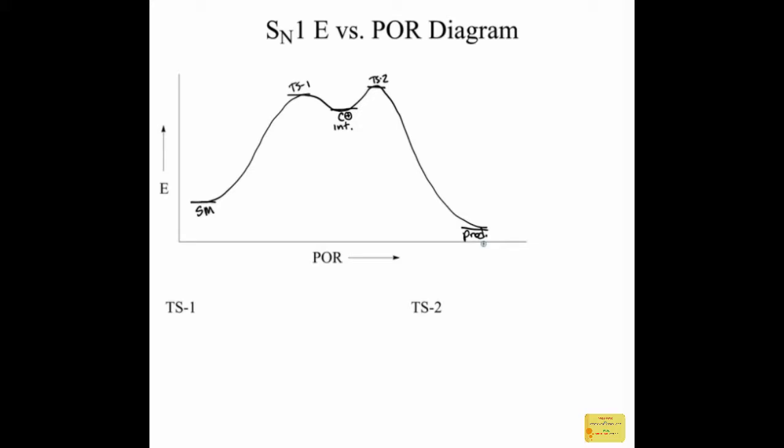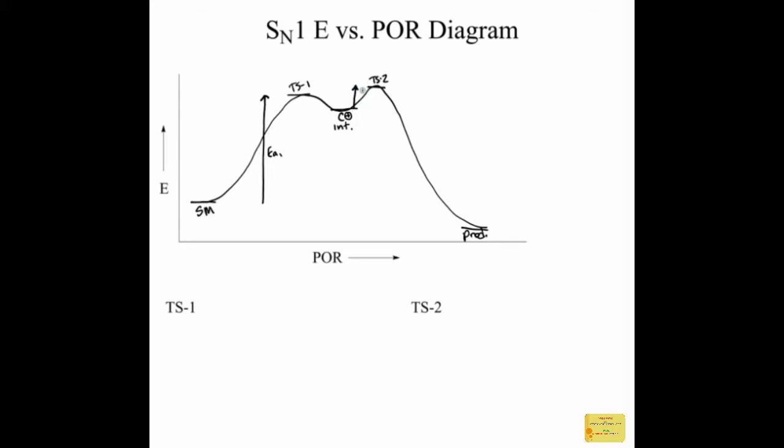Now, when we take a look at this energy diagram, can we identify what the rate determining step would be? Remember, we consider how fast the reaction is. We need to consider its energy of activation. So for the starting material to go up to the transition state here, energy of activation 1. And for the carbocation to do its reaction, it starts at a high energy.